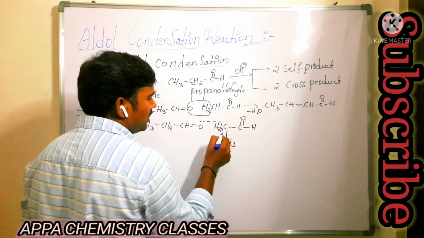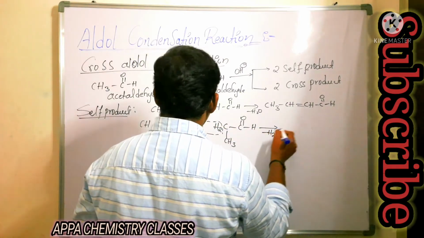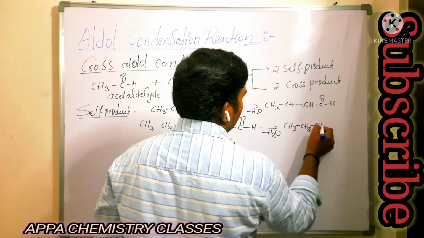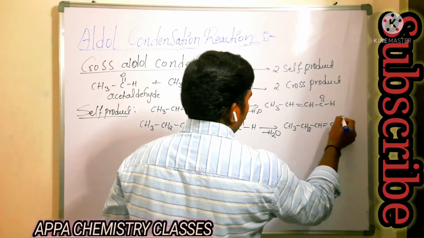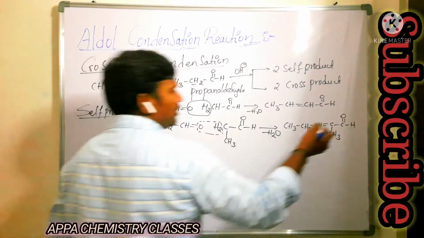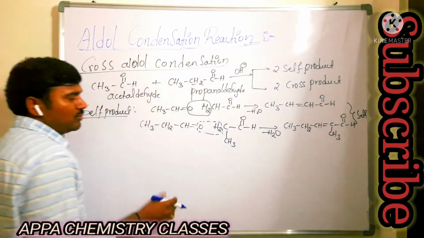This oxygen and this hydrogen are lost as a water molecule. Then what is left over here? CH3CH2CH=C(CH3)CH=O. That is the self product. These 2 will be self products. Very important, 2 will be self products.